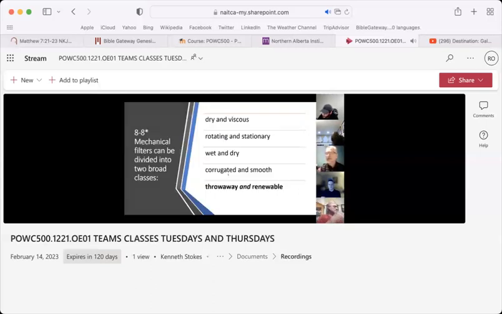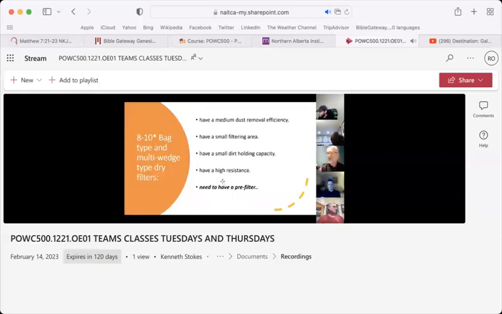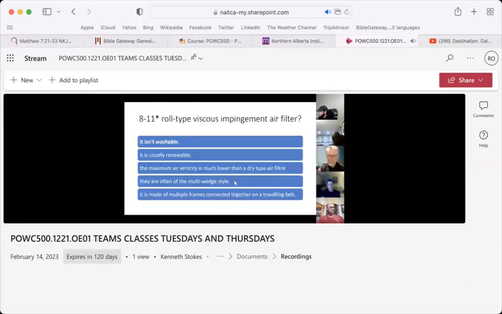Match these up, okay? Mechanical filters in broad classes, throwaway or renewable. So we either get them dirty and throw them out, or we clean them, reprocess them, or use them. Bag type, multi-wedge type dry filters need to have a pre-filter. Roll type viscous impingement air filters are not washable.